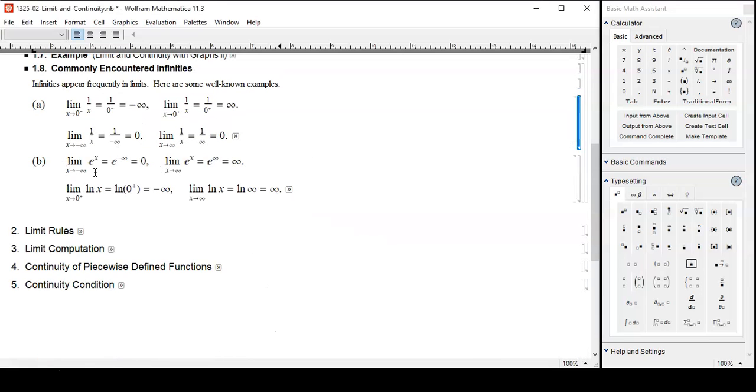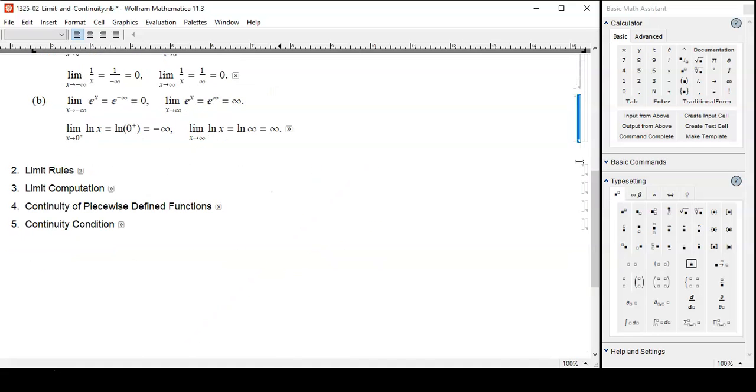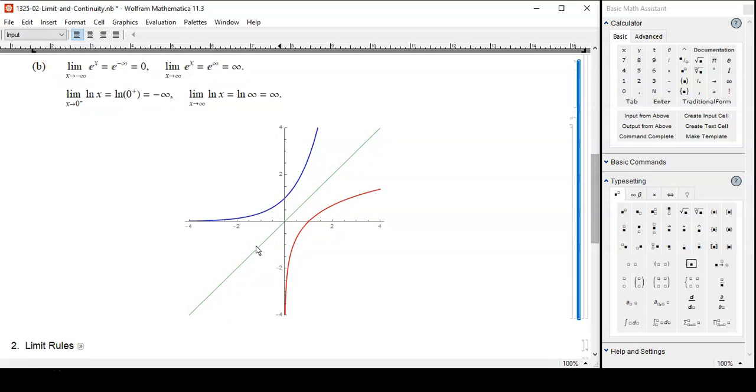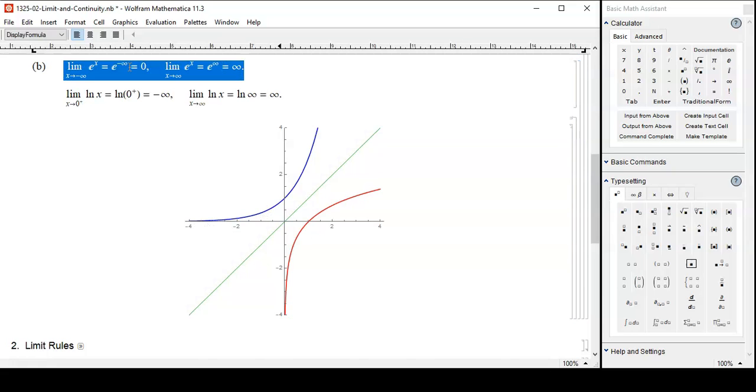And here's an exponential function: e to the negative infinity is 0, e to the positive infinity is infinity, and similar behavior for logarithmic functions. And you can see those from the graphs. To plus infinity, going up to positive infinity, easy. Negative infinity going down to 0. See that? Easy to see. Look at the blue graph. And how about logarithmic?